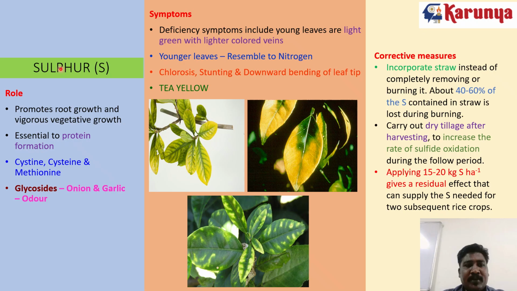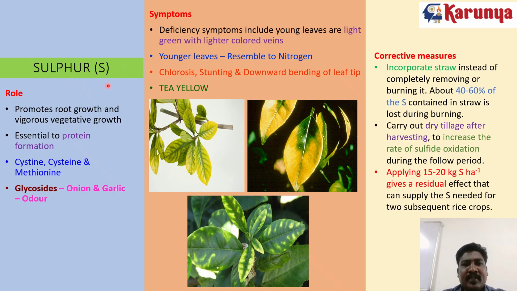They are produced because of the presence of sulfur, and also it is improving the oil content and oil quality of the plant, means in the oil producing plant. And the onion and garlic odor, that is glycosides, like allyl propyl disulfide, is due to the presence of sulfur there. And also onion pungency, that is due to sulfur.